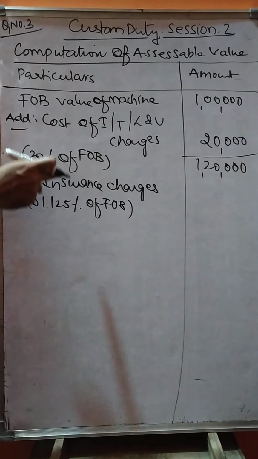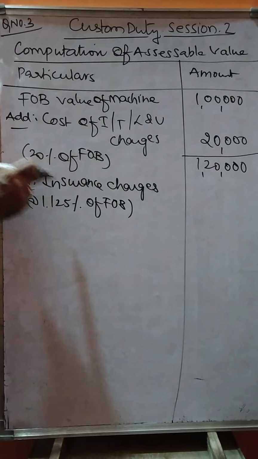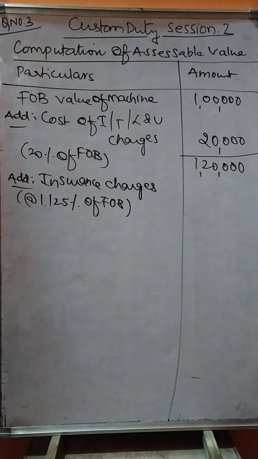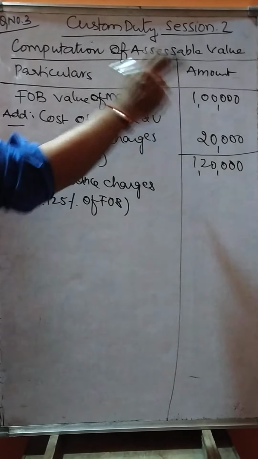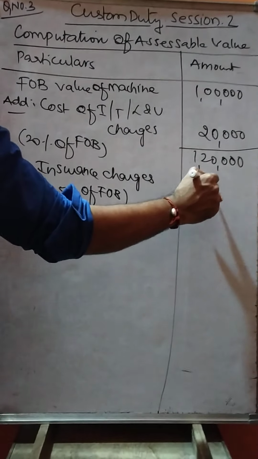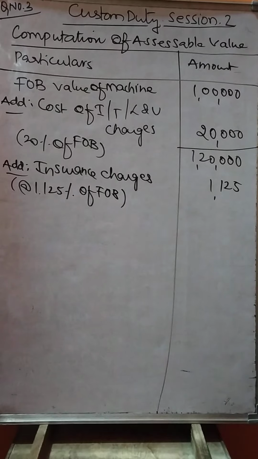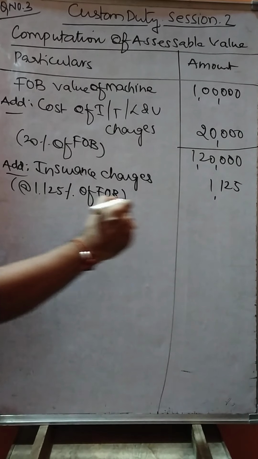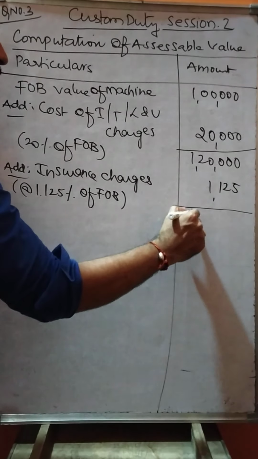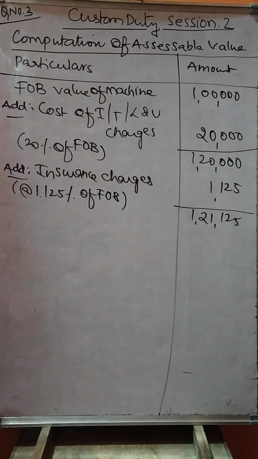It is also not given. So we are taking standard rate. It is 1.125%. 1.125% of 1 lakh comes to 1,125 US dollar. Then after adding all this, 1,21,125 US dollar you are going to get.